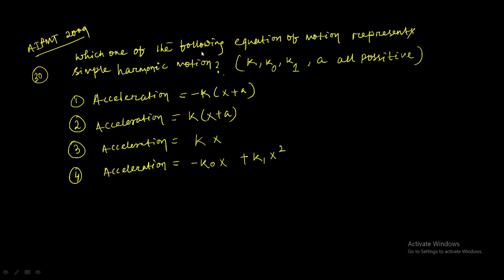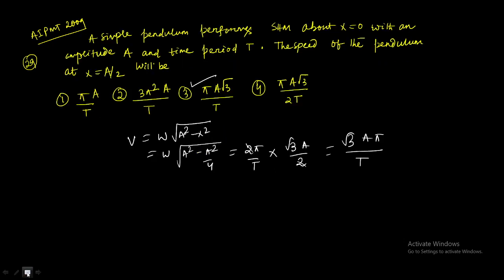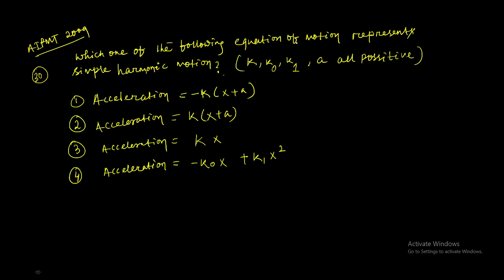Which of the following equation of motion represents simple harmonic motion? So acceleration they have given. So for acceleration, you know that this will be minus omega square into x, right?